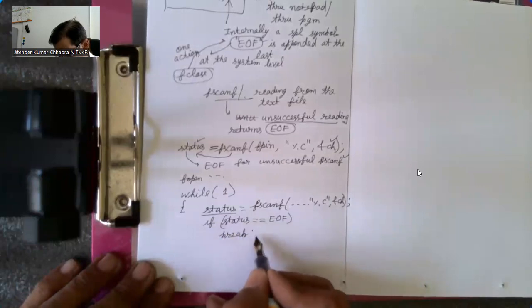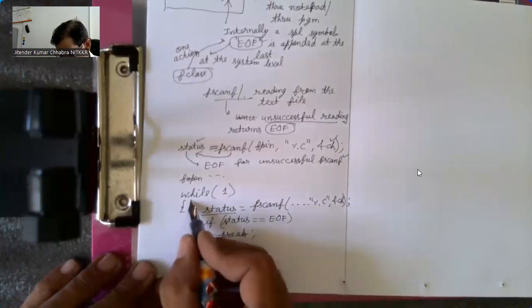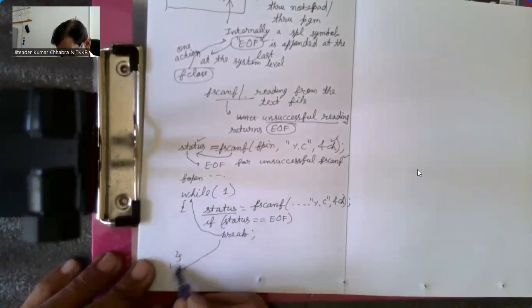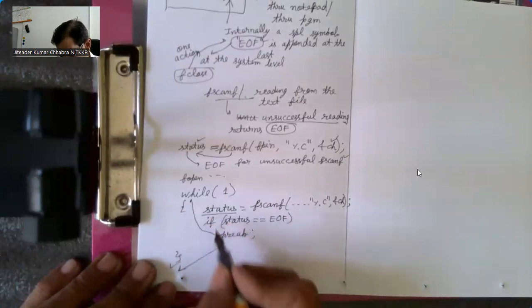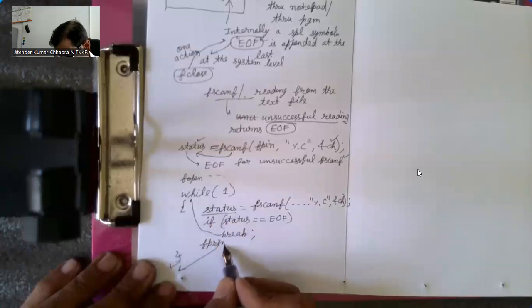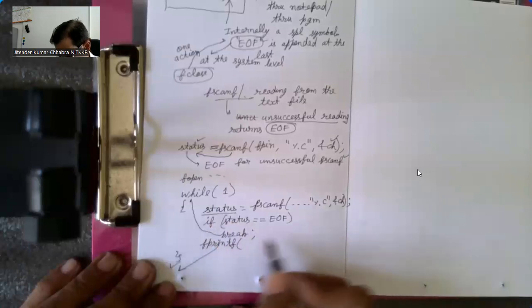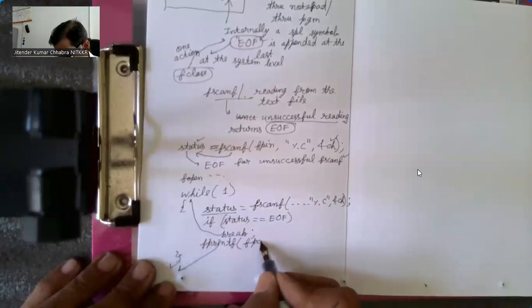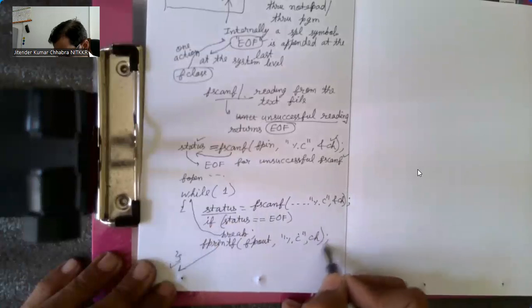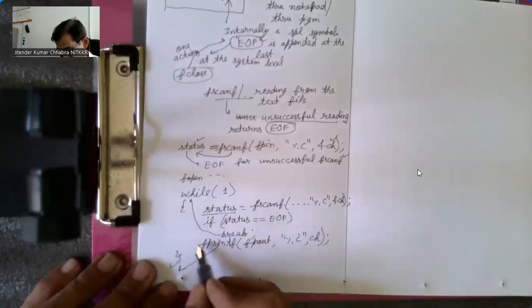So the infinite loop will be over and it will take me outside of the loop. It will bring me here directly. If a break doesn't happen, only then will I store the read symbol, which is ch, into fp out. So character by character, I will be reading from the file and storing the same character into the file.